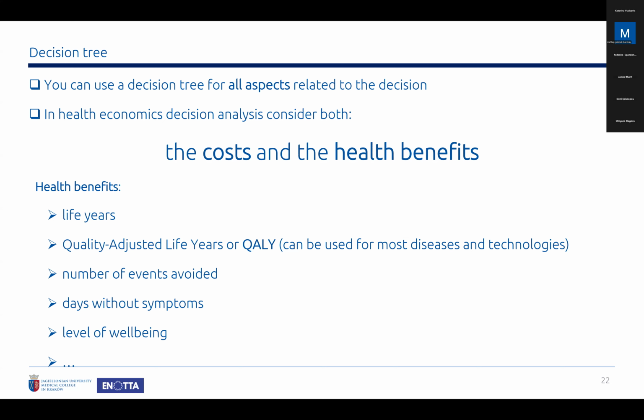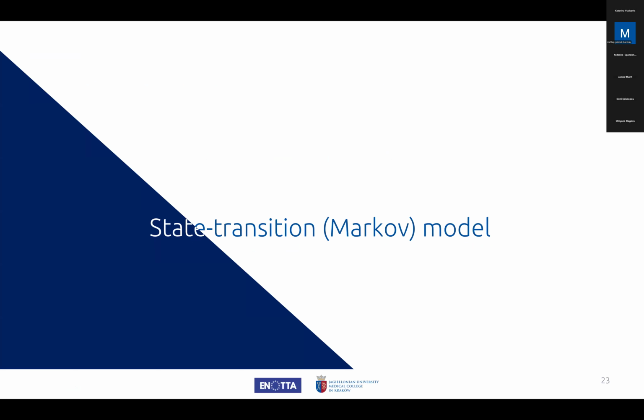So in such a case, we will be using the total expected cost outcomes and other measures of happiness or satisfaction with the lottery. But this was a very simple example. Decision trees are used mainly for very simple cases. For more complex decisions, we use Markov models, which track transitions between health states over time.